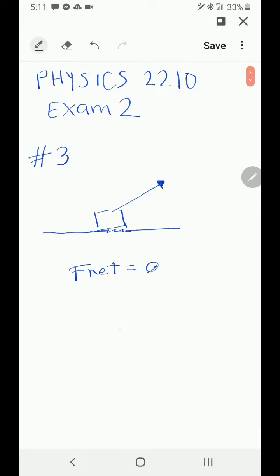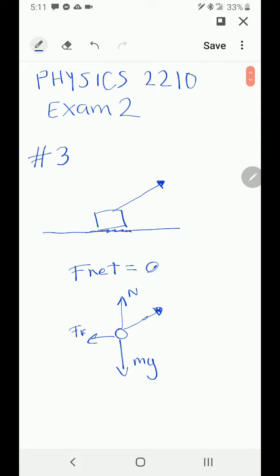And the problem also gives us a free body diagram. It has the force of friction, the normal force, the force of gravity or mg, and this force here pulling. And it asks which of the statements are true.